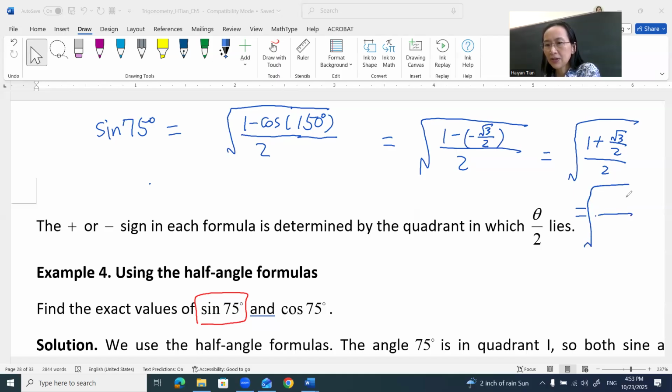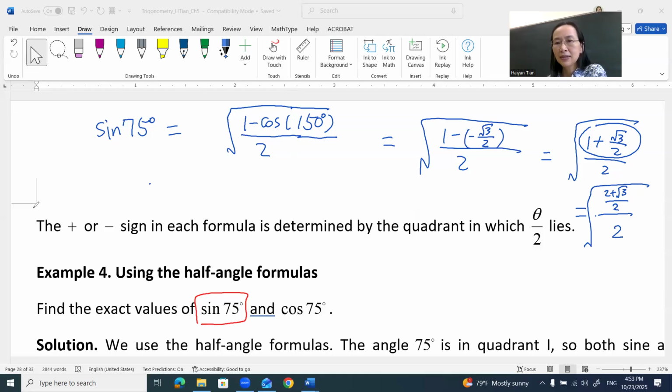For example, we can write the numerator by combining: 2 plus square root of 3, because 1 is 2 over 2, right? I try to add these two together, 2 over 2 plus square root 3 over 2, right? So we can add the fractions, then over another 2.